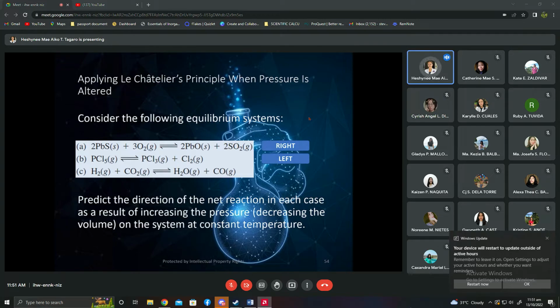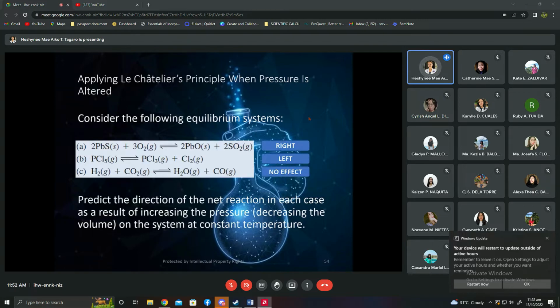Yes, the system is at equilibrium. 2 moles of reactants, 2 moles of the product. So therefore, increasing the pressure will have no effect on a system at equilibrium. Alright? I hope intindihan na kita ha.